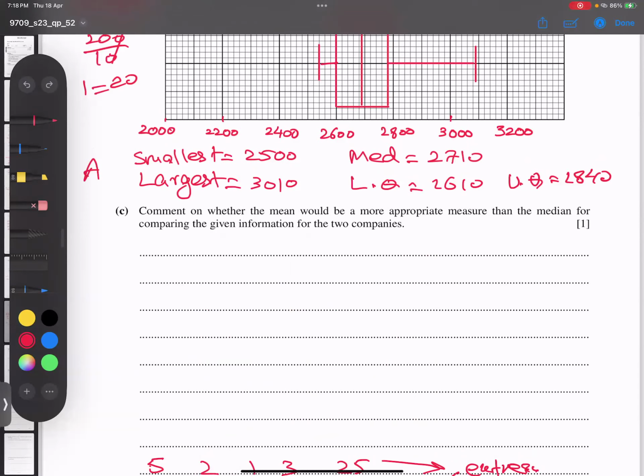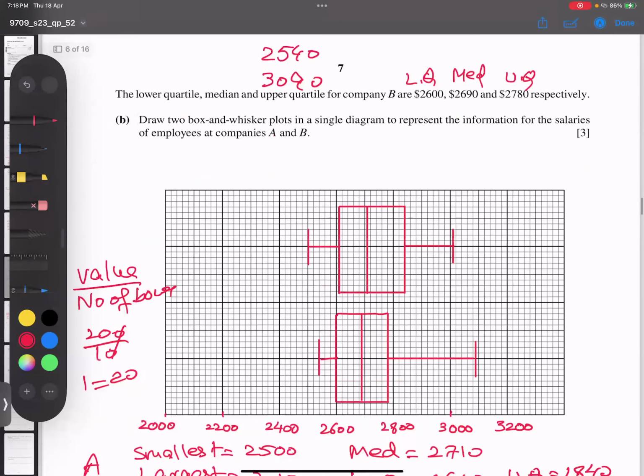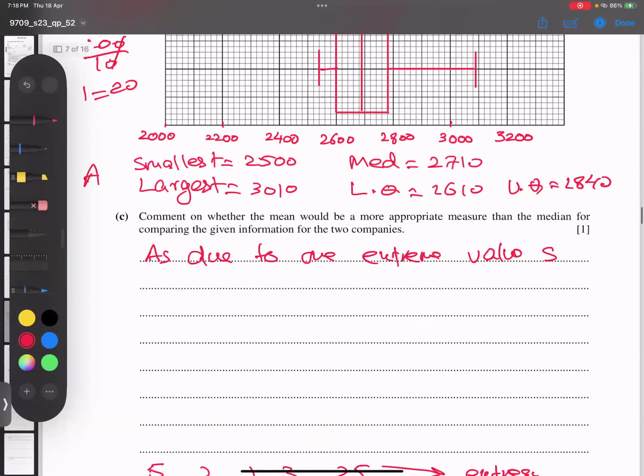Okay, you can say that, due to one extreme value, and that value you have to mention also. That value was $3090. So the mean is not a good option.